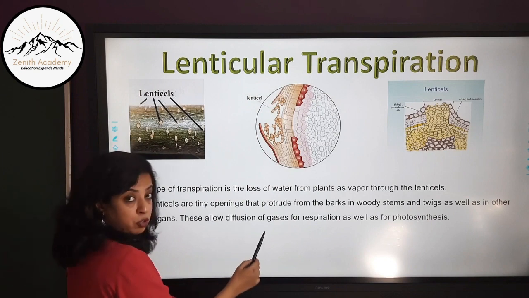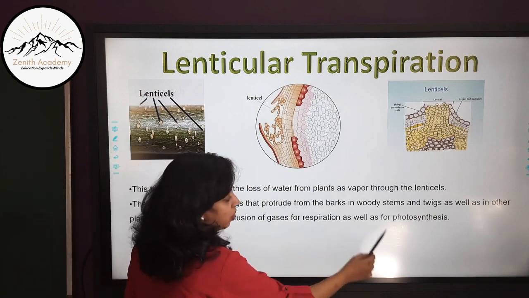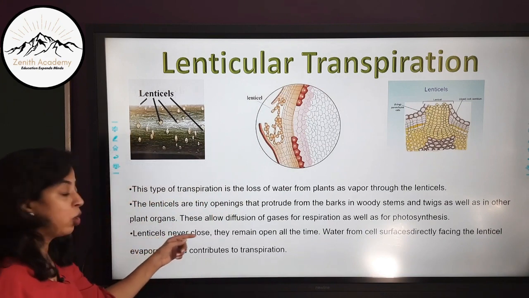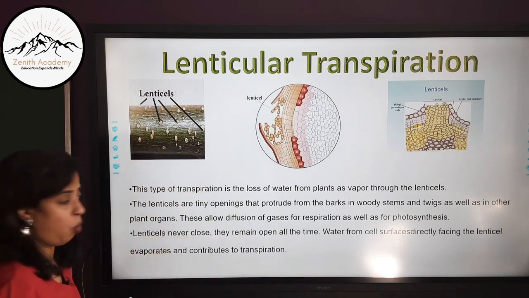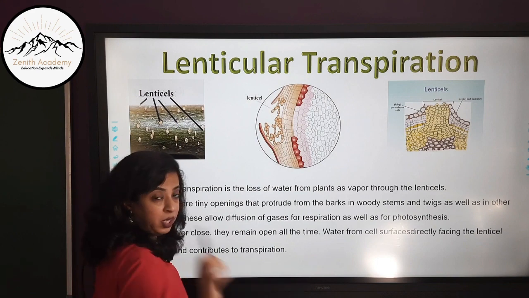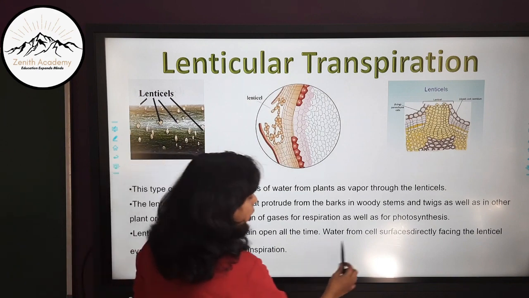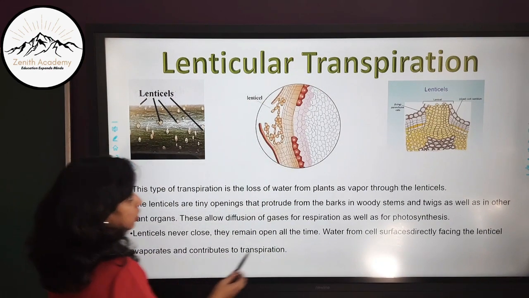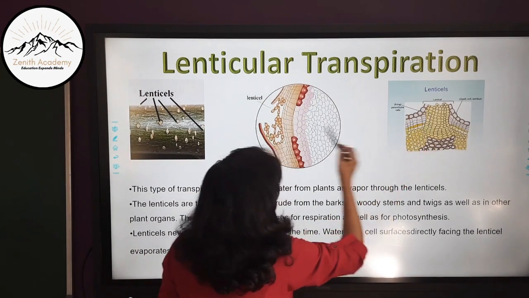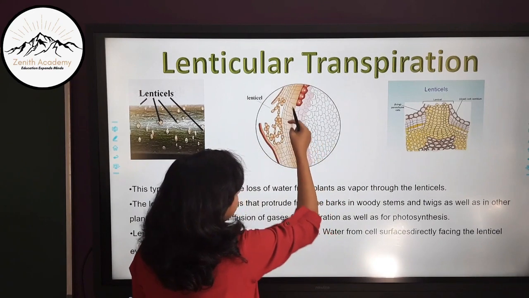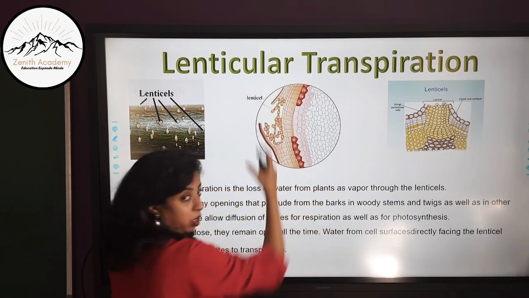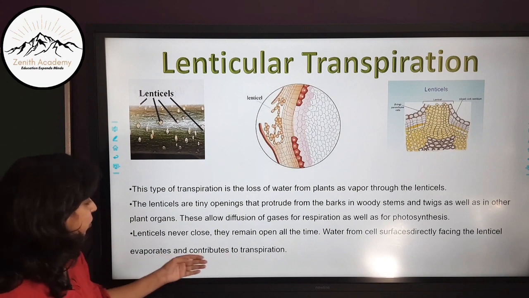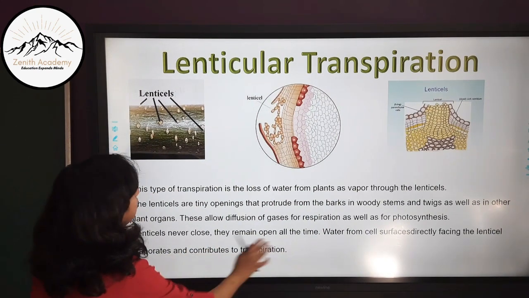These allow diffusion of gases for respiration as well as for photosynthesis. Now lenticels never close, they always remain open, during daytime and during night time. Water from cell surfaces directly facing the lenticels evaporates, and they contribute to the transpiration.